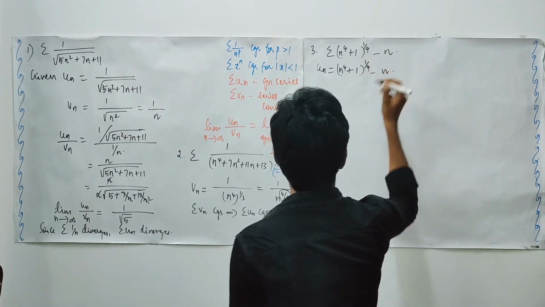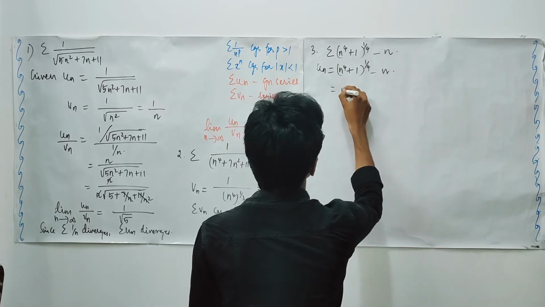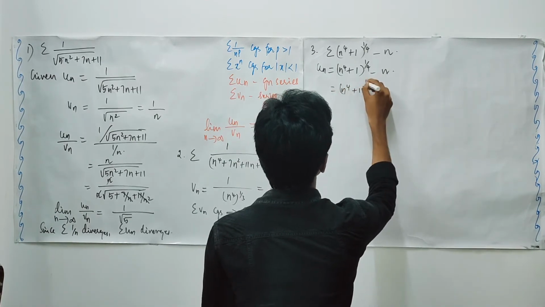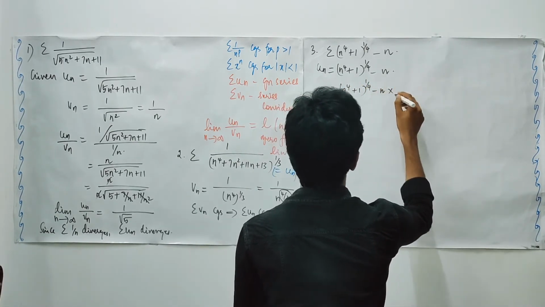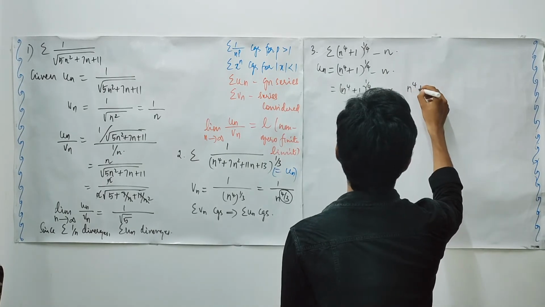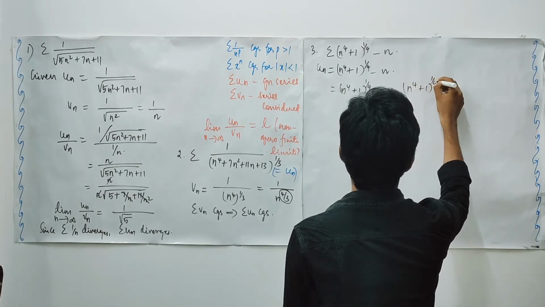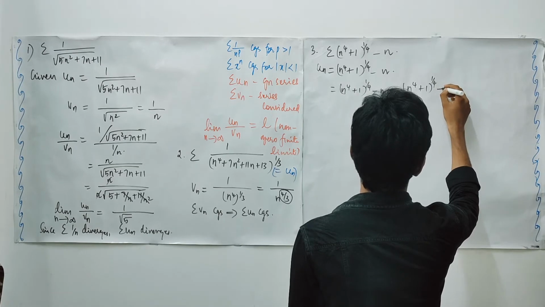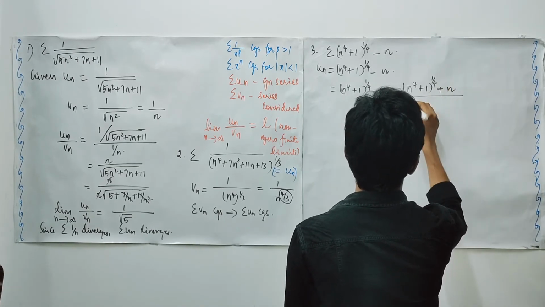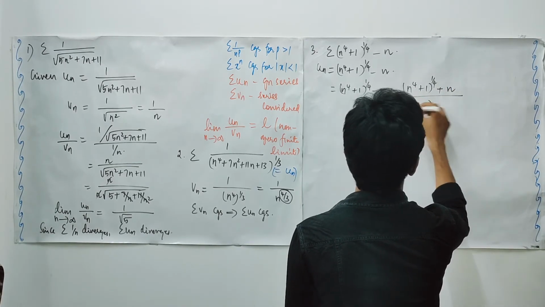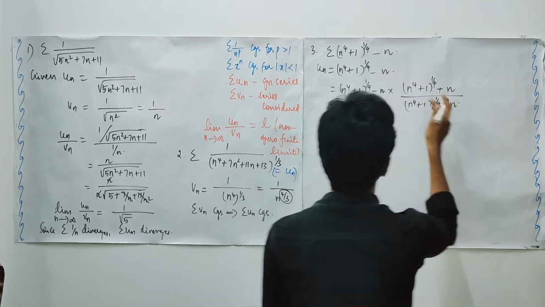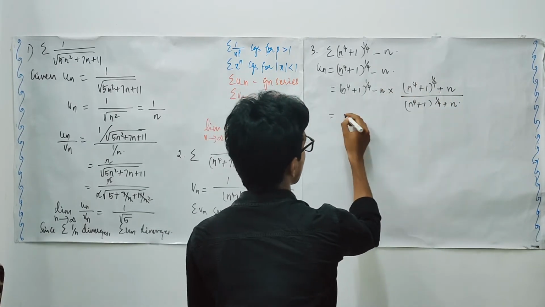upon 4 minus n. Okay, let me multiply and divide by its conjugate, that is n power 4 plus 1 to the power 1 upon 4 plus n divided by the same thing. So the value is not altered. When you multiply it, you are going to have what?